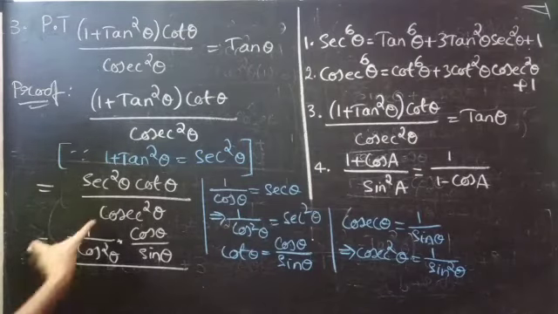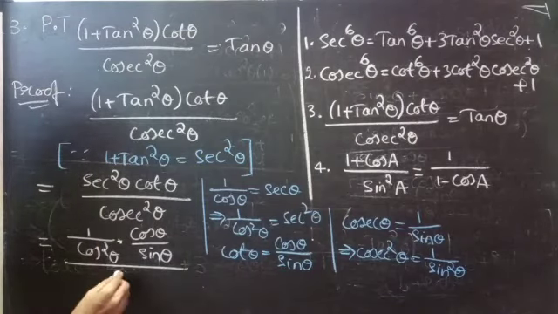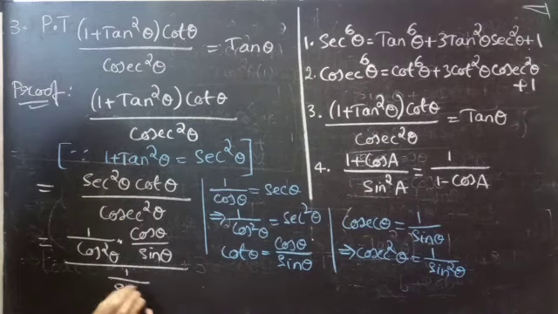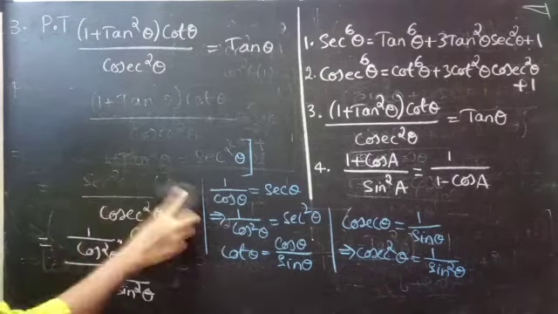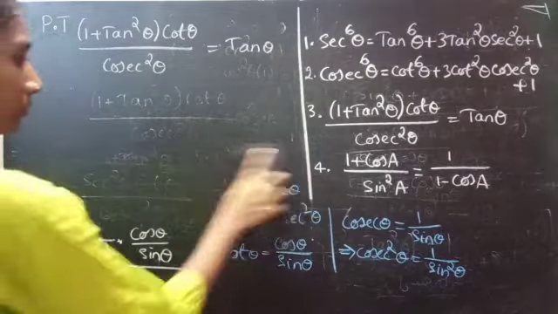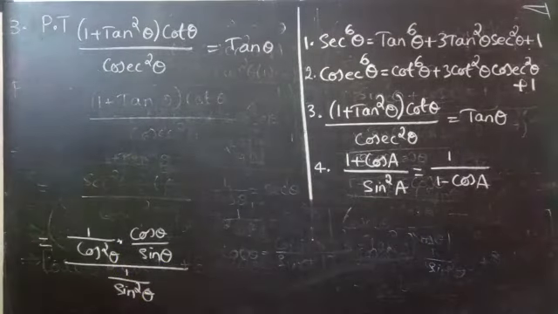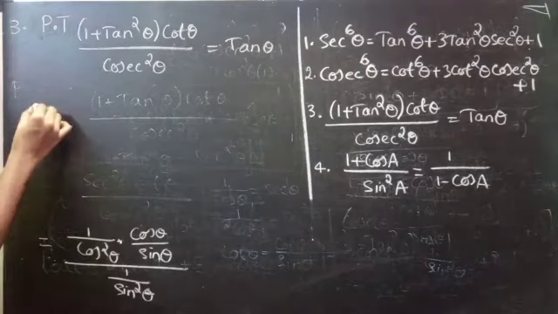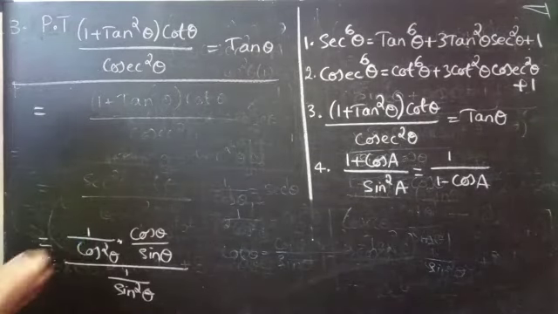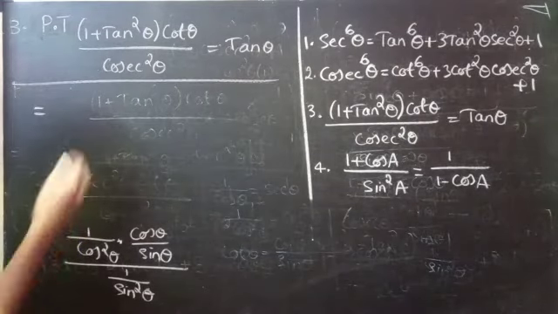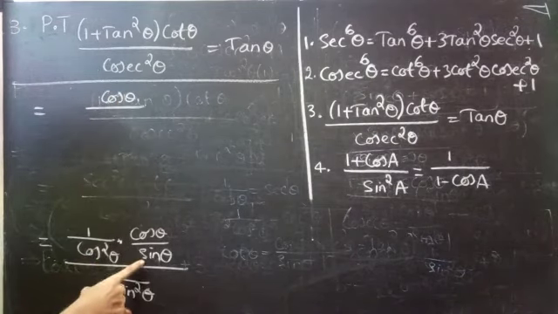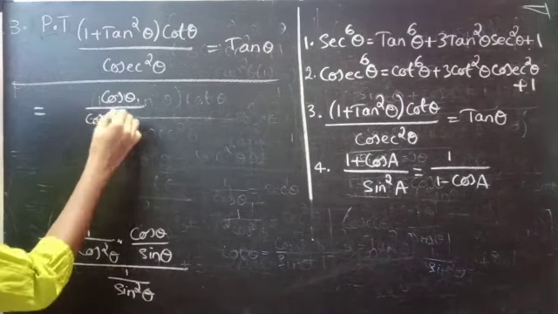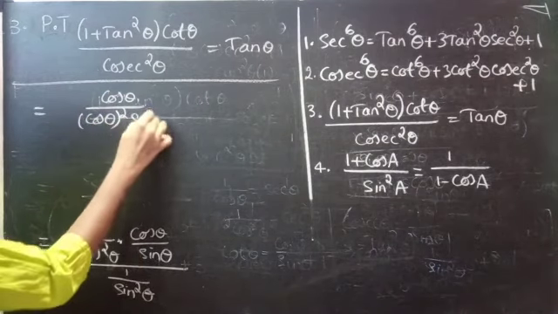Okay. Now replace cosecant square theta with 1 by sin square theta. Fine. So this equals cos theta into 1 is cos theta, divided by cos square theta into sin theta, where cos square theta is cos theta whole square into sin theta.